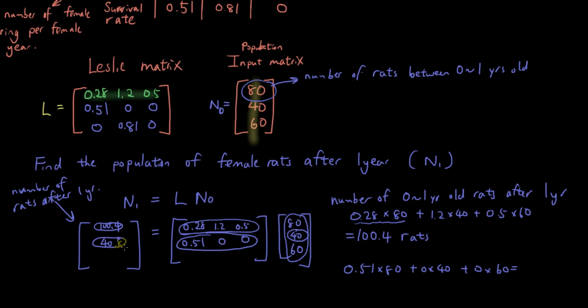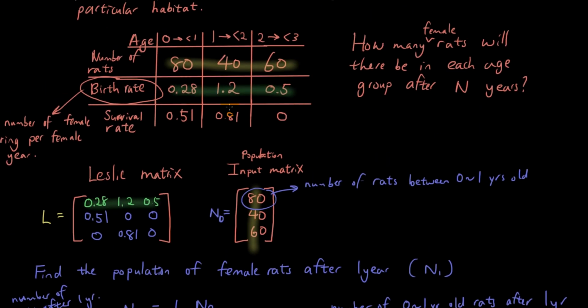So how does that work? Well, if you guys remember, the 0.51 is the survival rate of rats in the first age group. So 51% of the 80 rats will survive to the next age group.